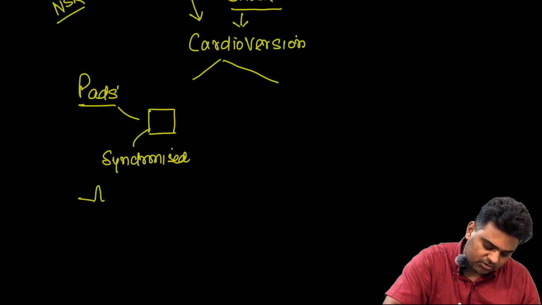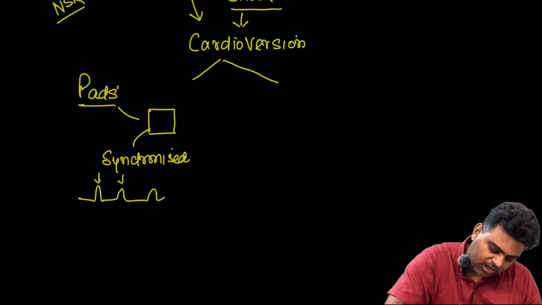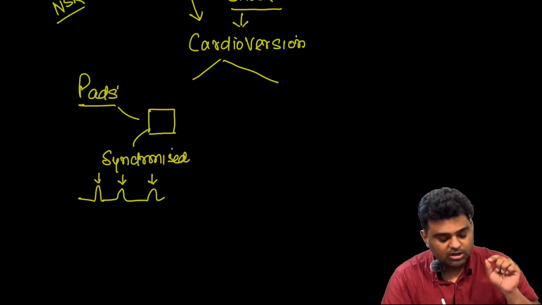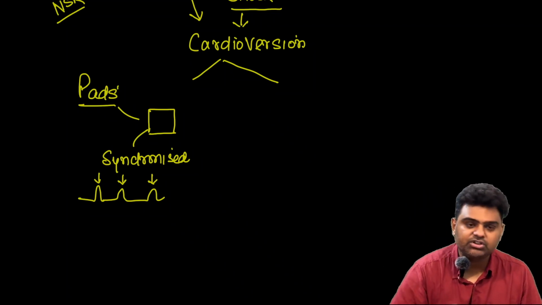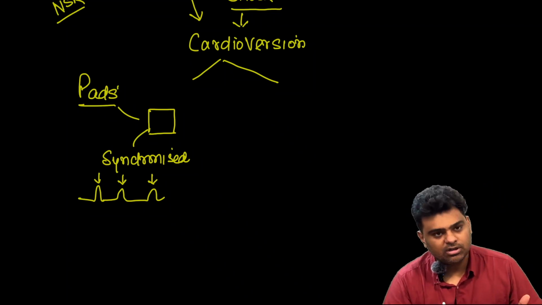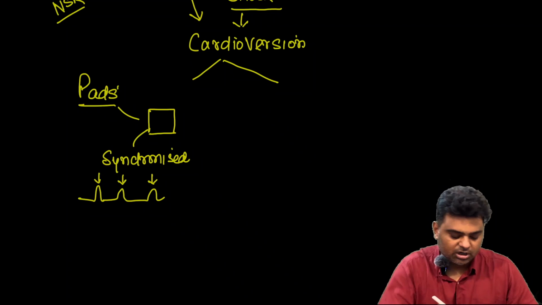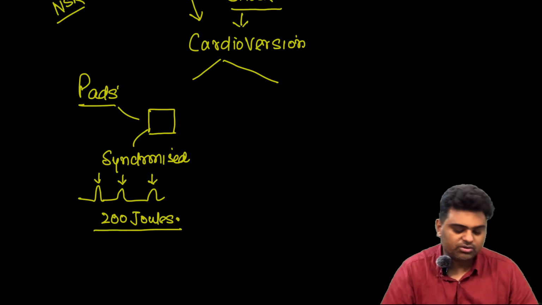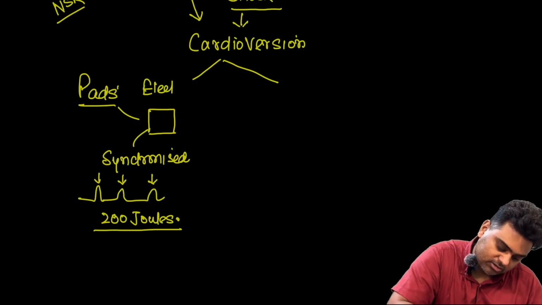So if this is your atrial fibrillation, you synchronize, and an arrow starts coming over the R wave. So the shock will be delivered to the patient at the time of the R wave. This is known as synchronized cardioversion. So you give a synchronized energy of 200 joules. This is known as electrocardioversion.